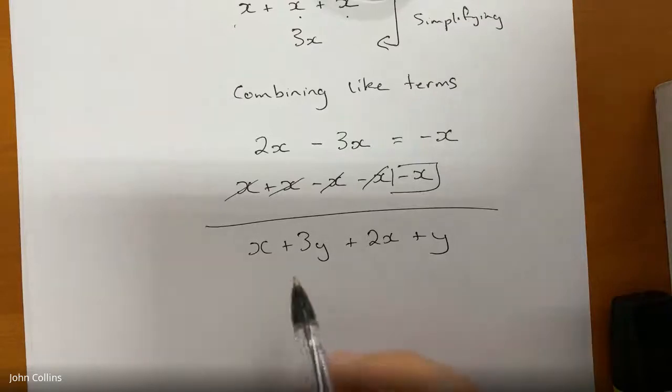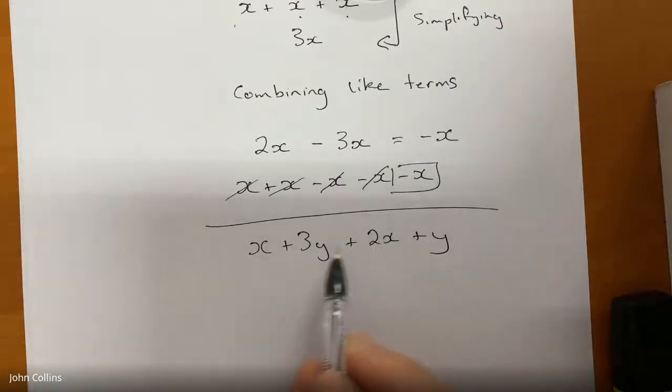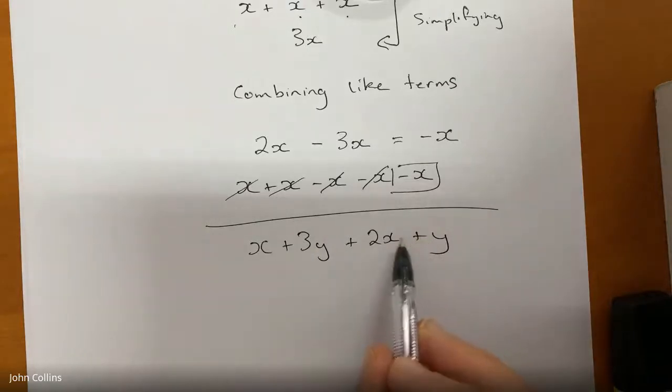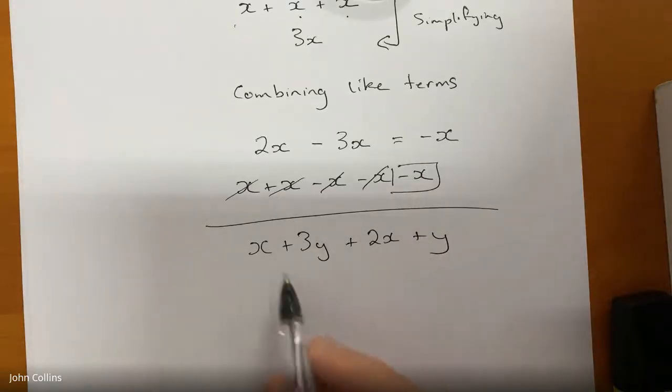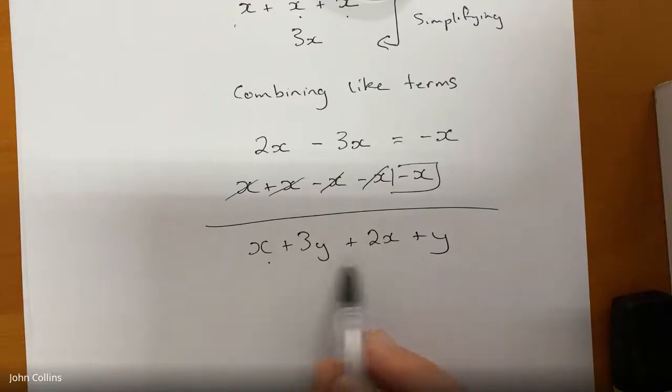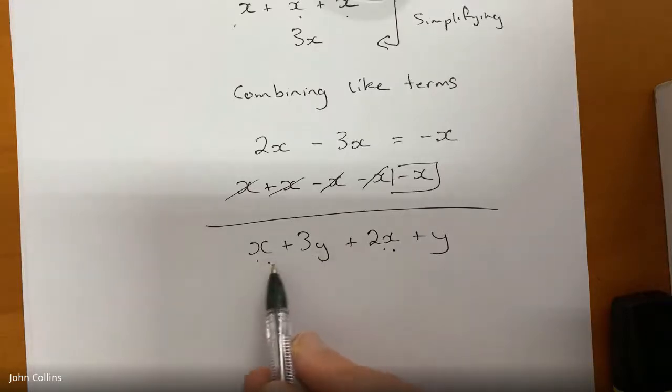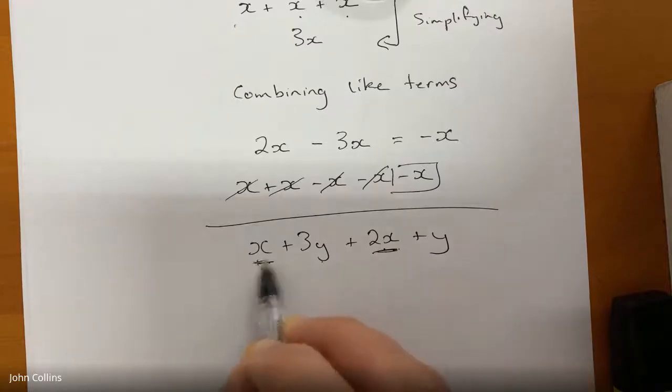Yep. So we can only add apples to apples and oranges to oranges, or x's to x's and y's to y's. Wouldn't make sense otherwise, because x could be any number. But I know that's the same number. So if x is 100 and y is 1, it wouldn't make sense to add these two together. But I can add these two together, and they are called like terms.